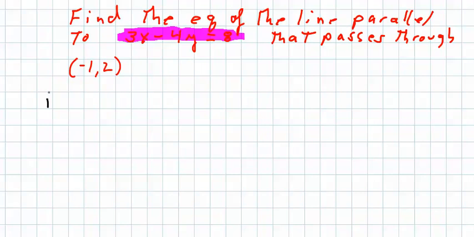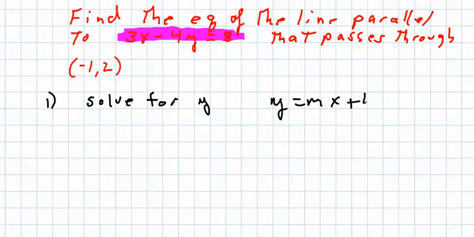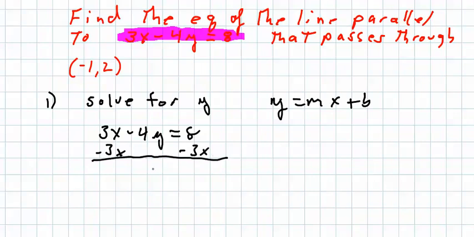So, step 1, solve for y. Y equals mx plus b. I want to solve this equation for y. So 3x minus 4y equals 8. Subtract 3x. And I get negative 4y equals negative 3x plus 8.